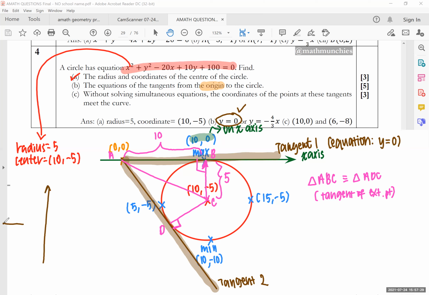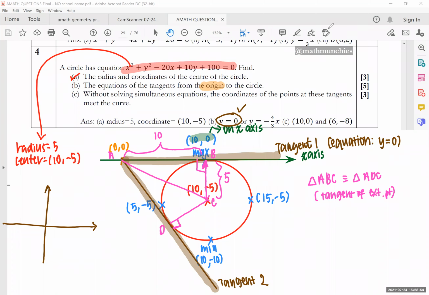Do you all remember there's a formula to find gradient, not just rise over run or y2 minus y1 over x2 minus x1? There is one formula in your CG notes that also tells you the gradient. Who remembers? Look at your CG notes.